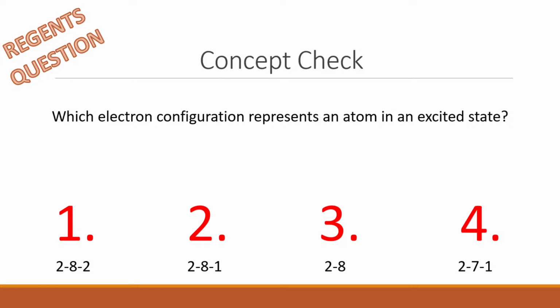For the excited state, we're looking for an electron configuration that has one electron out of place. So one electron higher than it should be. And the only one of these choices that does that is choice 4.